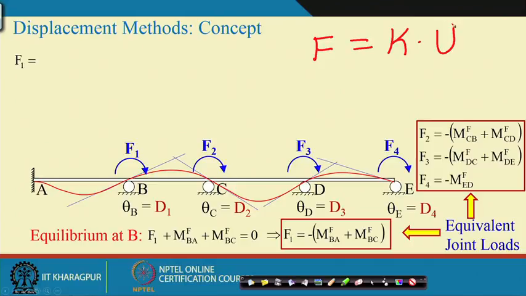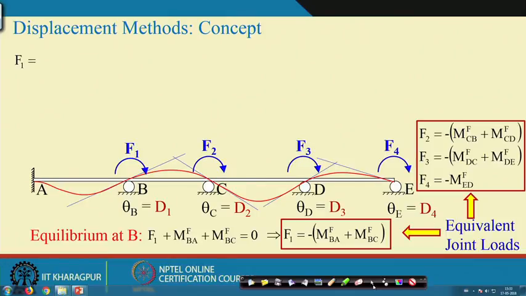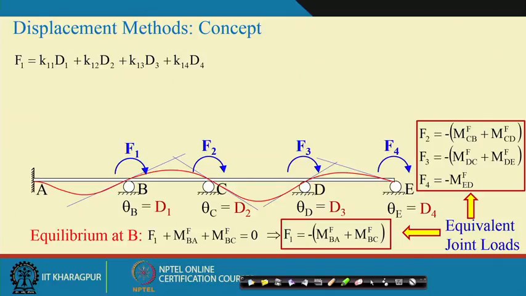Let us write F1 as k11 into d1 plus k12 into d2 plus k13 into d3 plus k14 into d4.